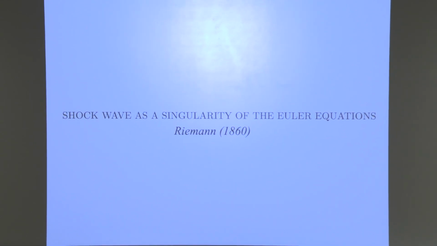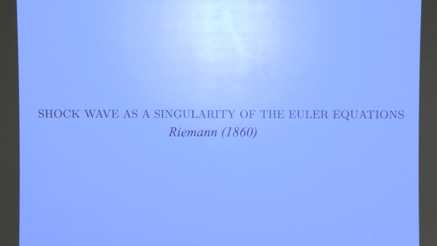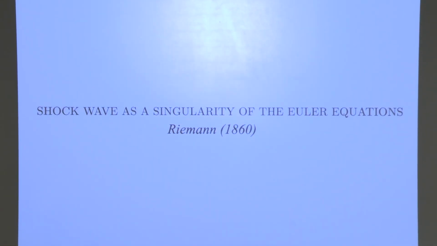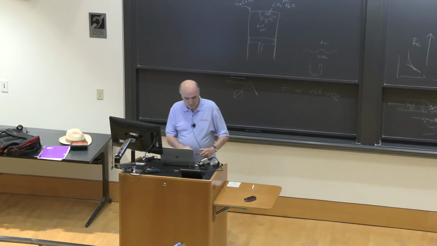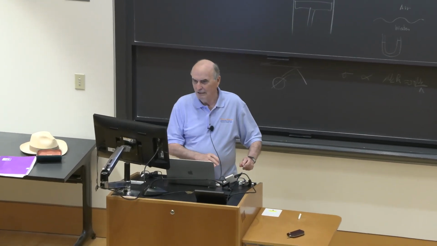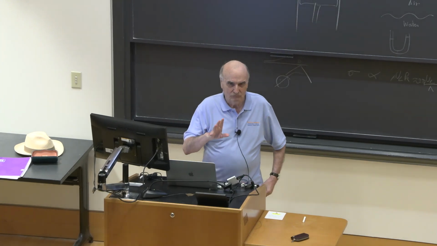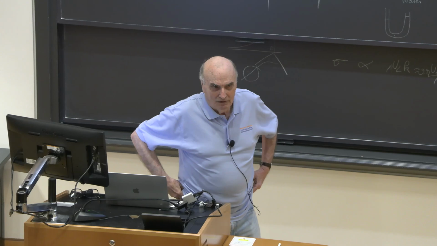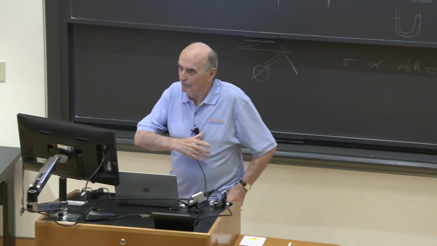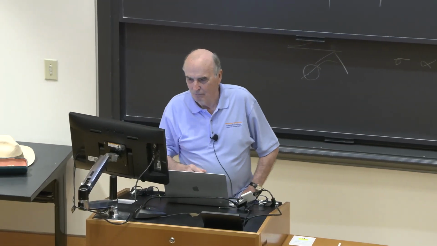One wonderful piece of pure mathematical work was developed by Riemann in the middle of the 19th century. He was very young, almost less than 30 years, and he was a fantastic mathematician.